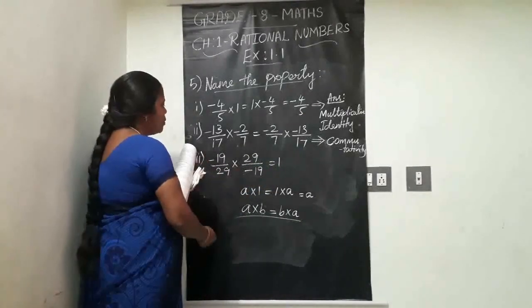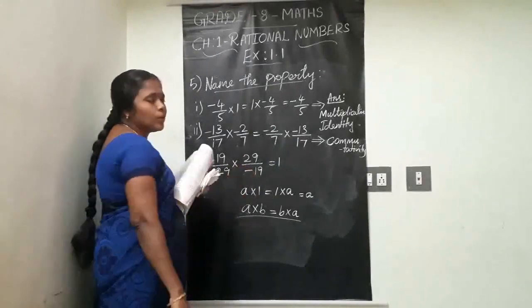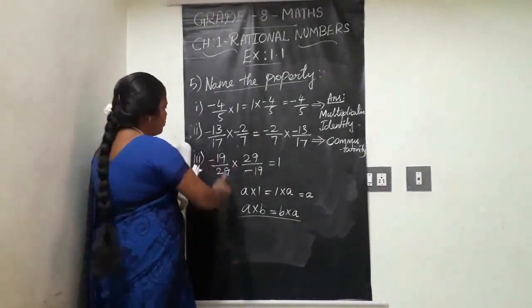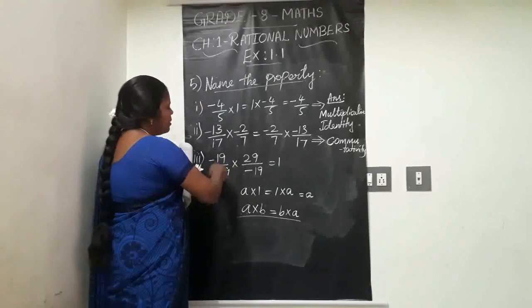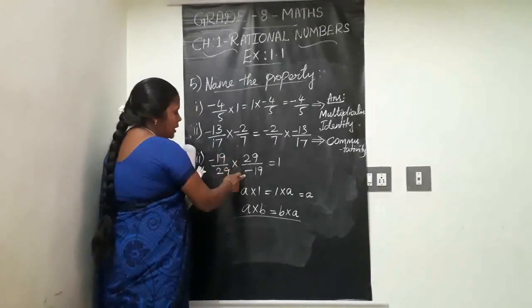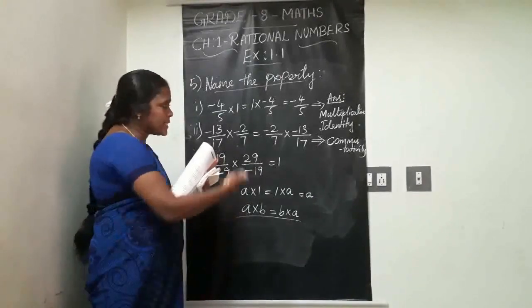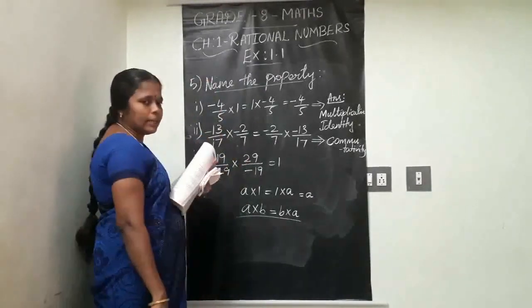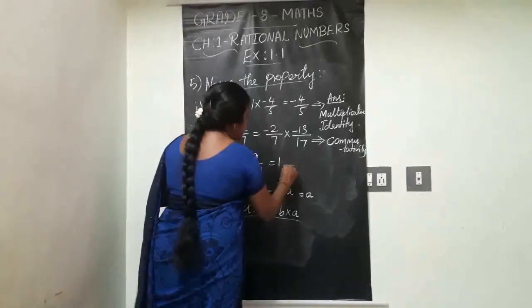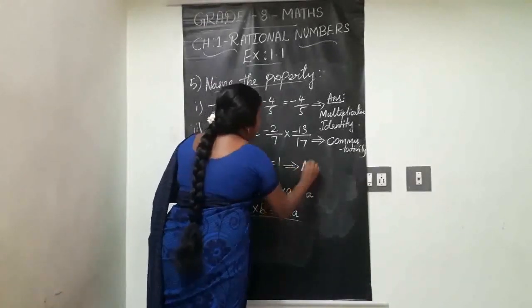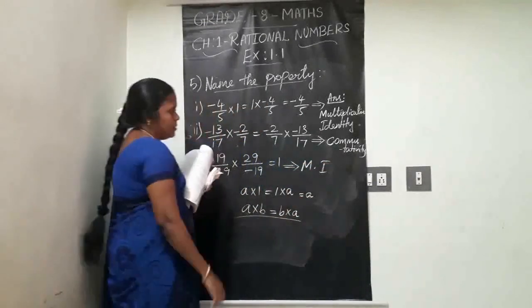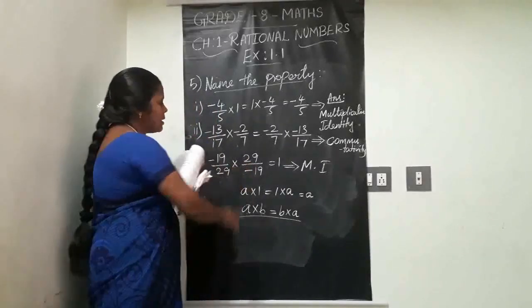Just now we said, multiplicative inverse for rational numbers. If you multiply any rational number by its reciprocal, the answer is 1. That is multiplicative inverse, which we saw in the previous section. So the answer here is multiplicative inverse.